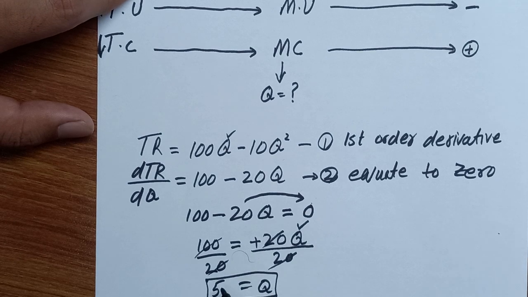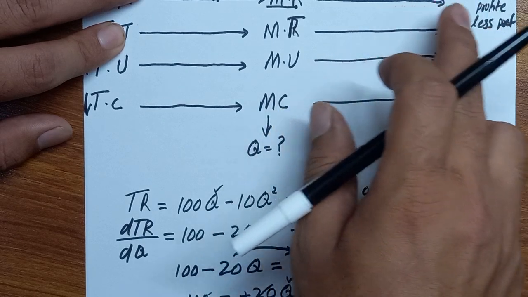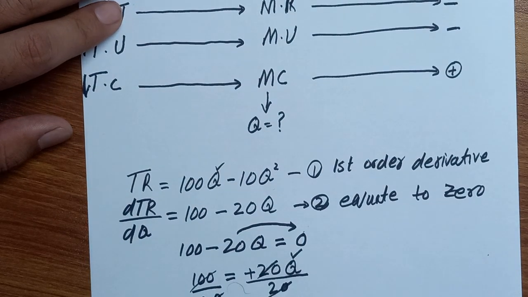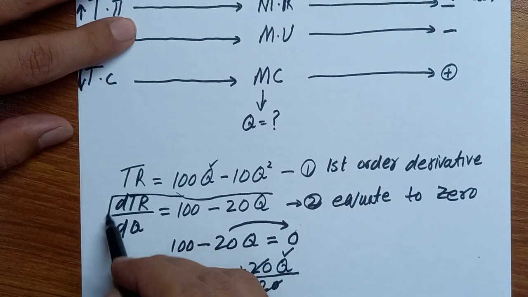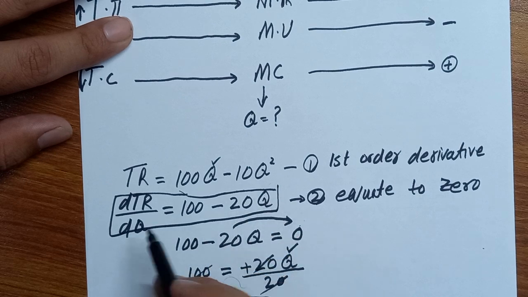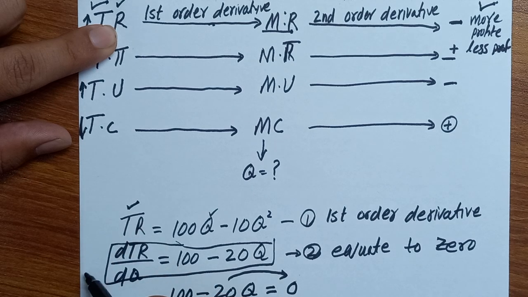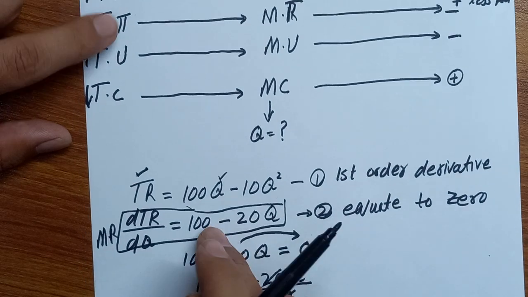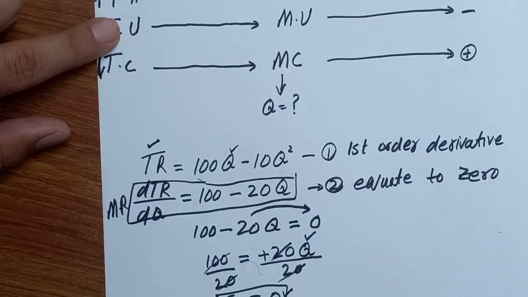Now we will take the second order derivatives and find whether 5 is optimal or not. This is the marginal revenue also, because we take the first order derivative of the total revenue and it changes to marginal revenue. So marginal revenue is equal to 100 minus 20q. So we will take the second order derivatives.